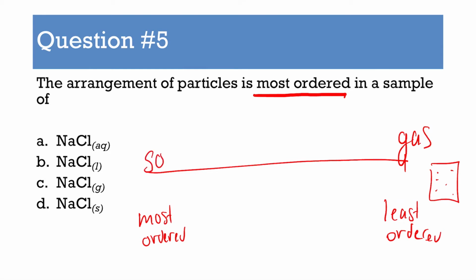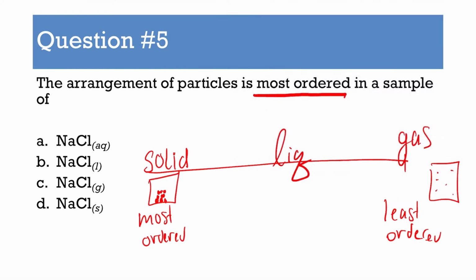The most ordered is a solid. Because if we have a particle diagram, they're very, very organized like that. And then liquid is somewhere in the middle. So again, most ordered, we want a solid.